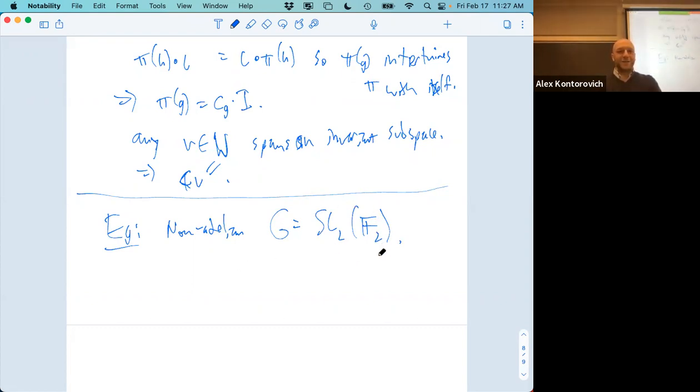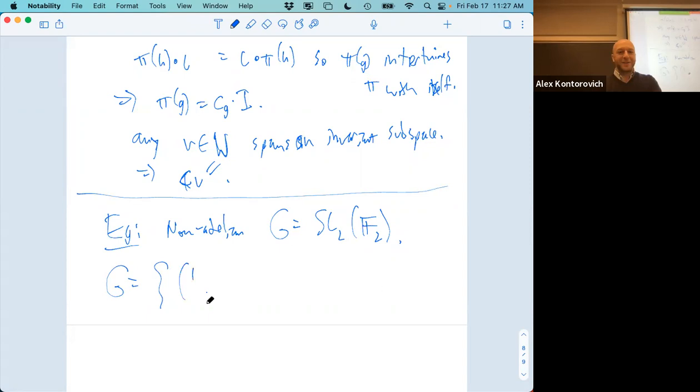So what is this group? Well, this group is actually very simple. What does it mean to be SL2 on the field of two elements? What are the elements of G? I need some 2x2 matrices with zeros and ones and determinant not equal to 0, because not equal to 0 is the only thing the determinant could be if it's not 1.